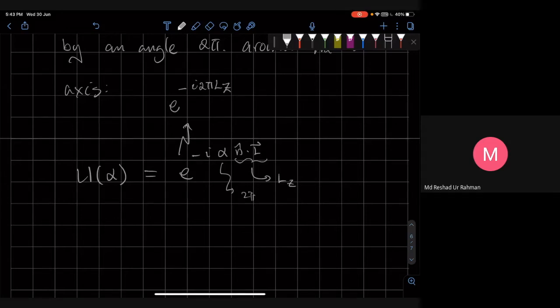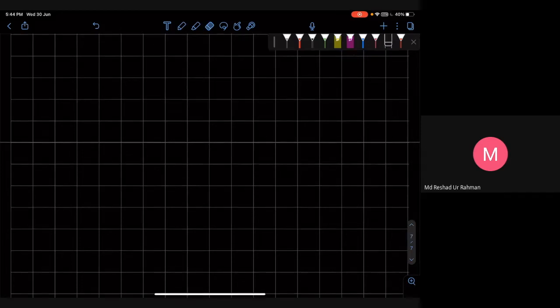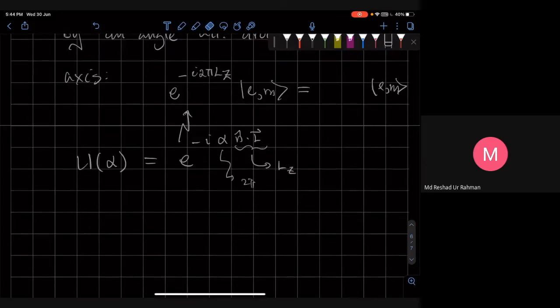So if I apply this on Lm, what am I going to get here? Okay, let me ask a simpler question. We're going to, of course, have e to the power minus 2 pi i, and then what?